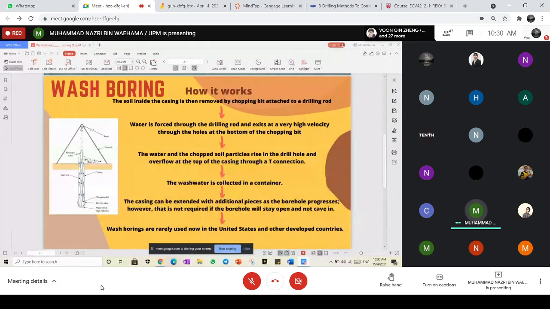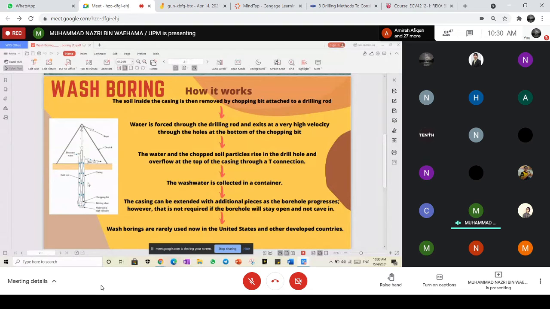And then the wash water is collected in a container, and the casing can be extended with additional pieces as the borehole progresses, but it's not required if the borehole will stay open and not cave in.